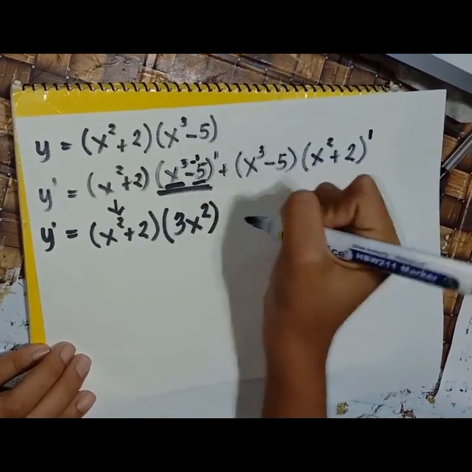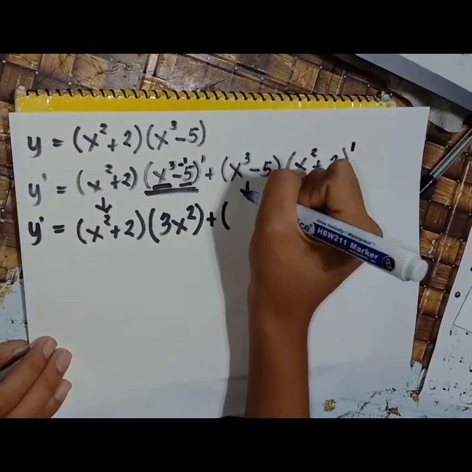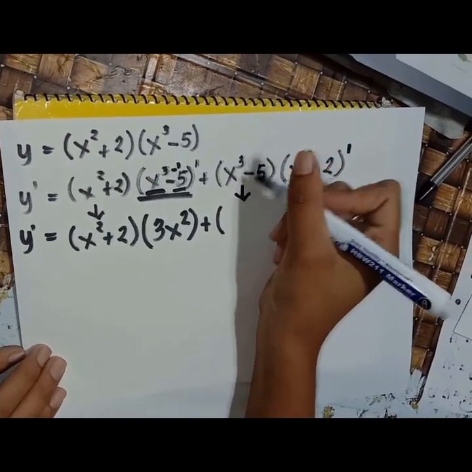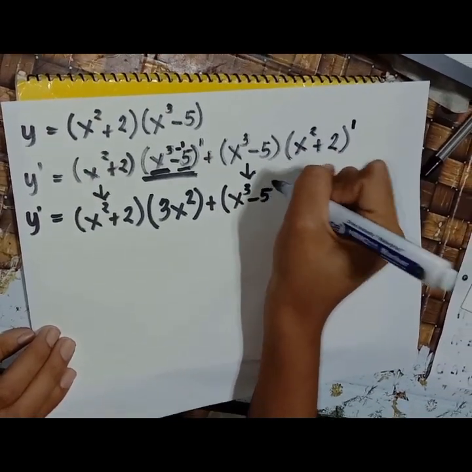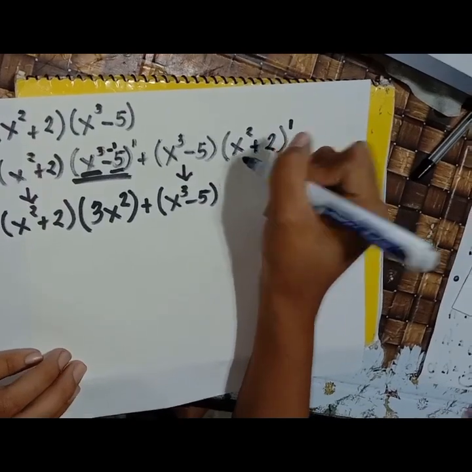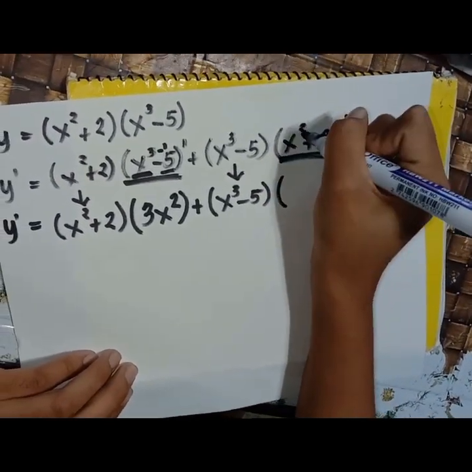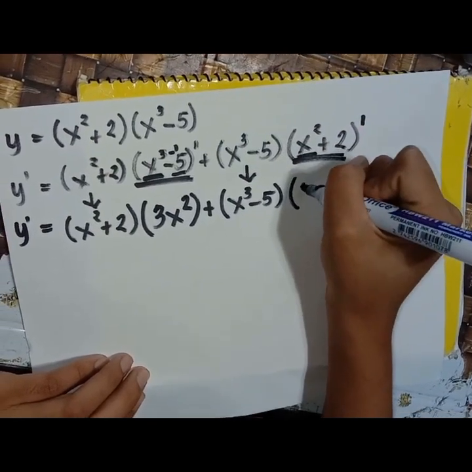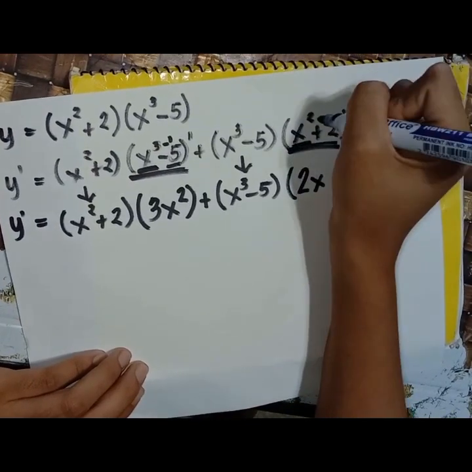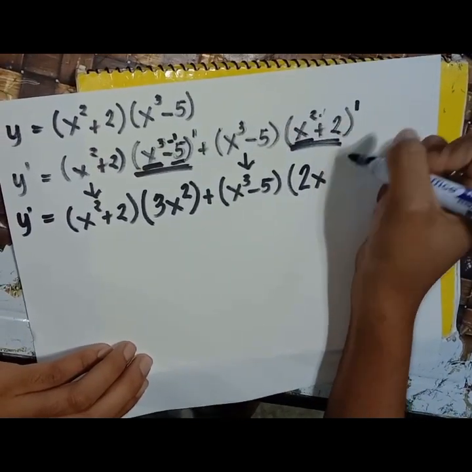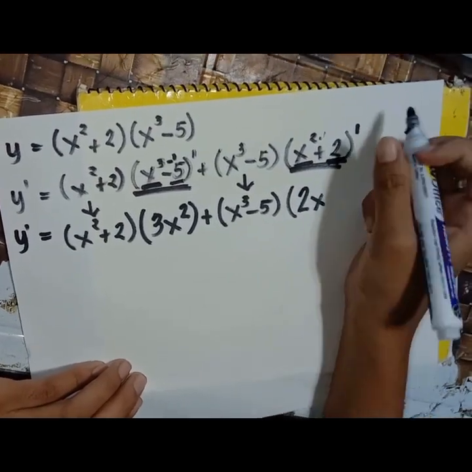So disregard. Plus, copy the second function, x cubed minus 5. Then, get the derivative of the first function. So, x squared is equal to 2x raised to 1 since 2 minus 1 is 1. Then, since 2 is a constant number, then it is equal to 0.